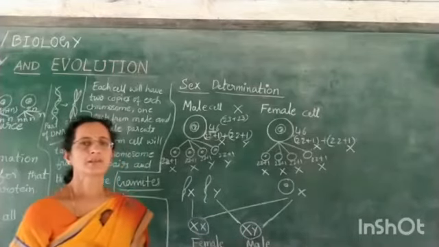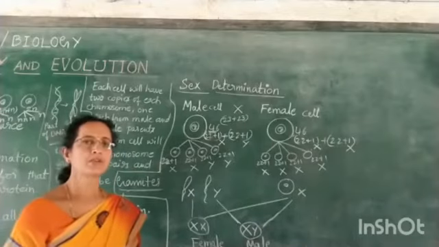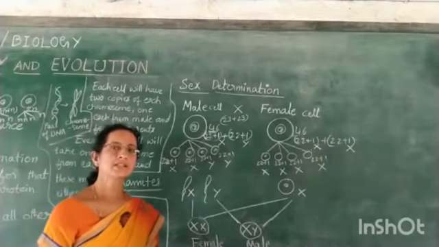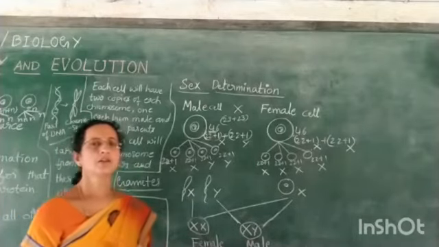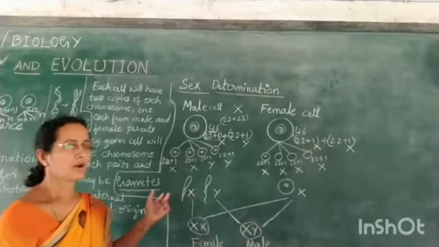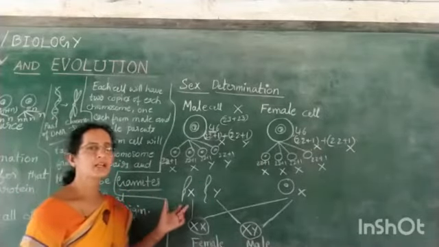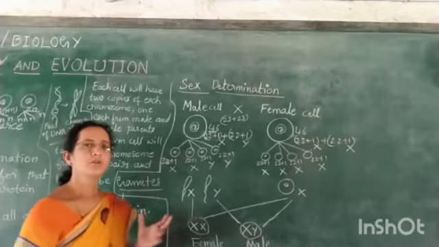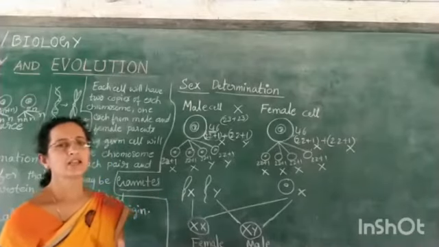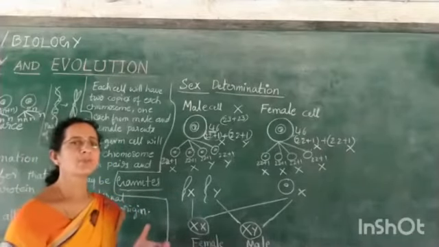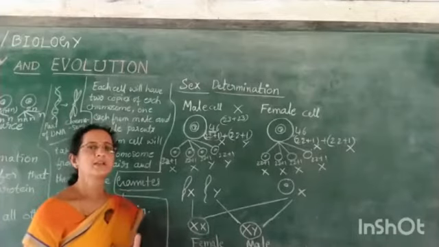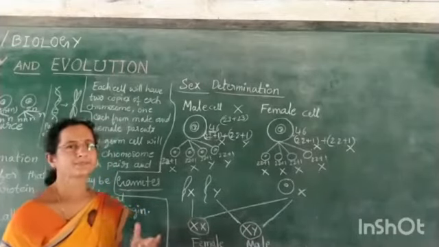Characters like height of the plant, color of the seed, and shape of the seed will be there in the genetic material according to the information present in the DNA. Those characters will be exhibited in those pea plants.